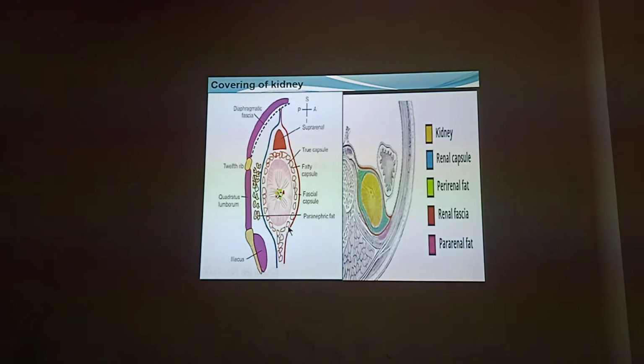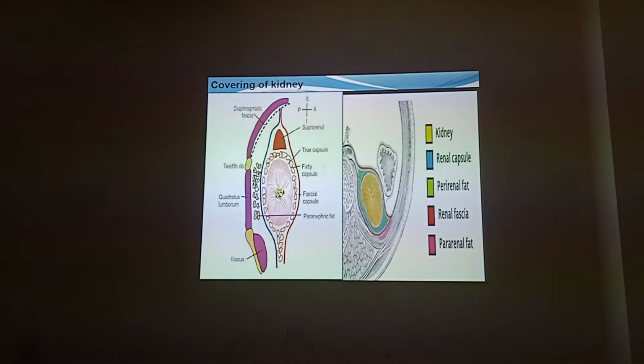It is not supported by renal fascia, and pararenal fat is there, and with starvation, when patient starves, it is used up by the body, leading to nephroptosis, that is the descent of kidney with the starvation.